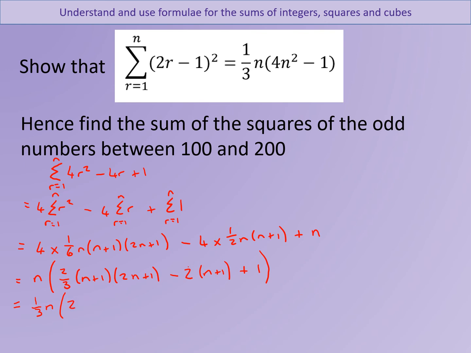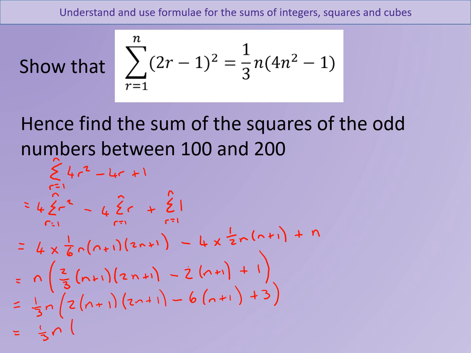2/3 becomes 2. So 2 times n plus 1, 2n plus 1. The next one, I've got 2 n plus 1. Well, 2 times 3 is 6. That's going to become 6 times n plus 1. And then finally, that 1 needs multiplying by 3 as well. So that was from factorising out the third. So we've got a third n.